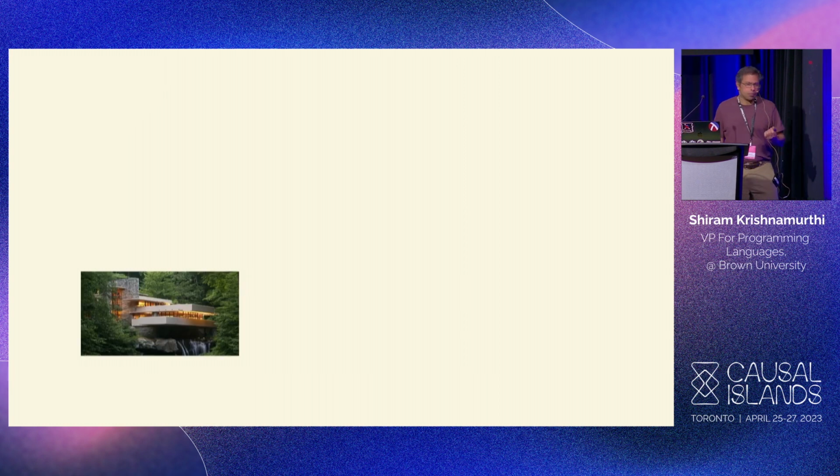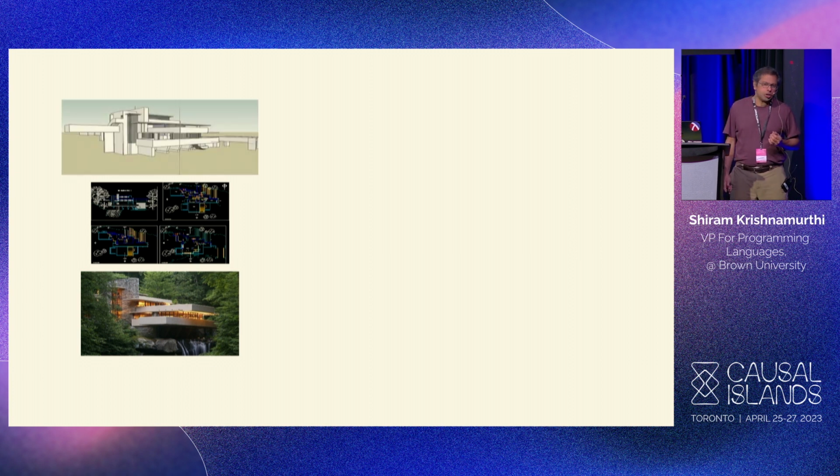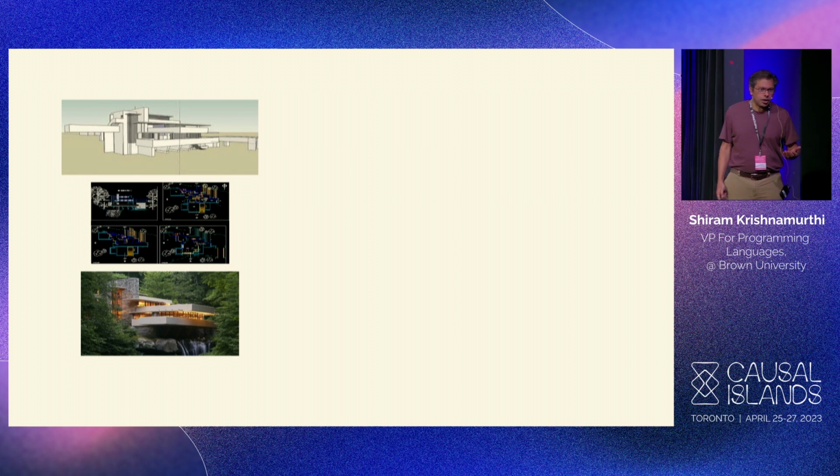The other thing that's interesting about planning is that we don't just use a single notation, right? So here, for example, is Fallingwater, and here is the floor plan for Fallingwater. Here's an elevation sketch of Fallingwater. And in fact, if you talk to architects, you'll find there are several notations that they use before they go off and build the building, right?